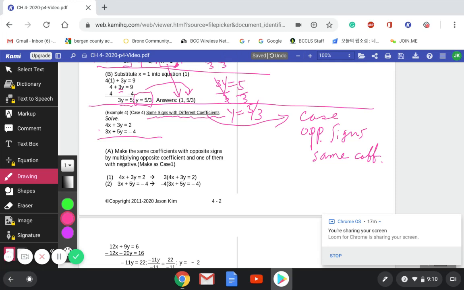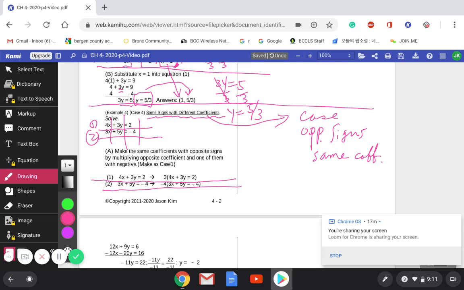So now you have to determine whether you want to get rid of the x variables or the y variables. A lot of people just don't know what to do. Then they usually match the first one as the same coefficient. So in equation 1, you have 4x plus 3y equal 2. And equation 2, you have 3x plus 5y equal negative 4.